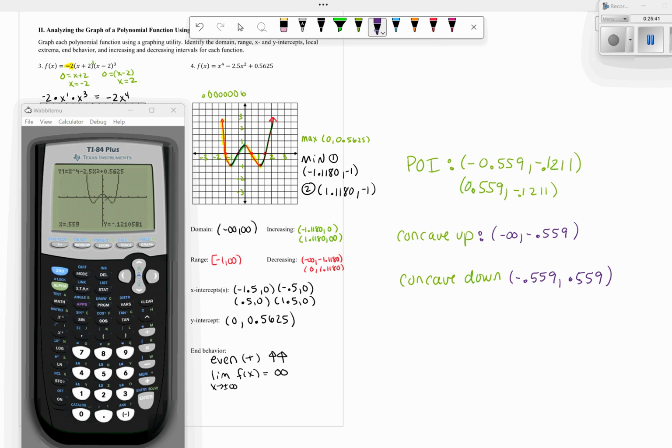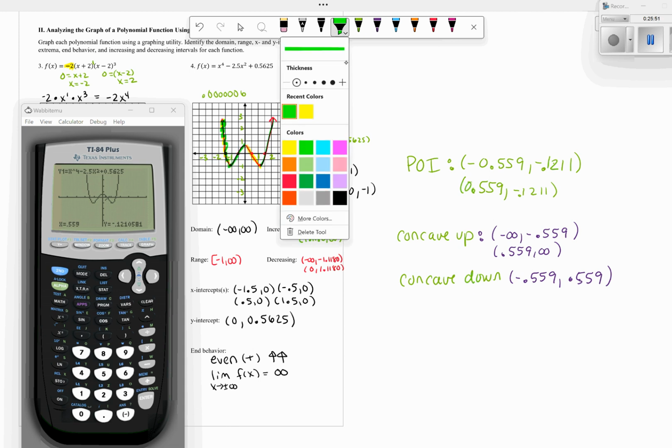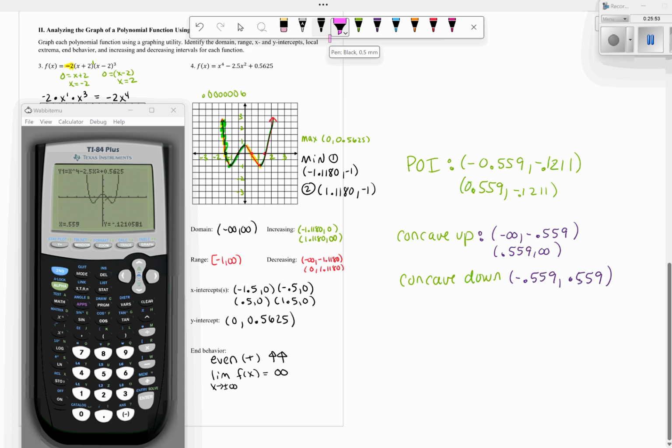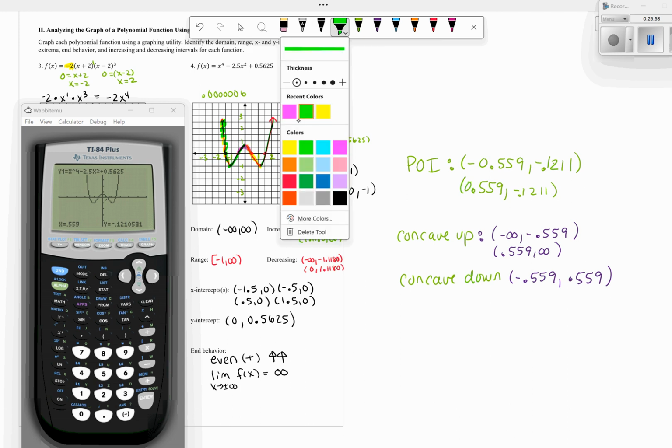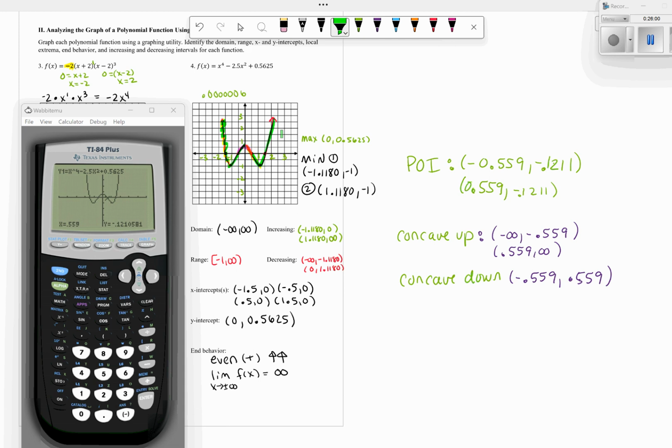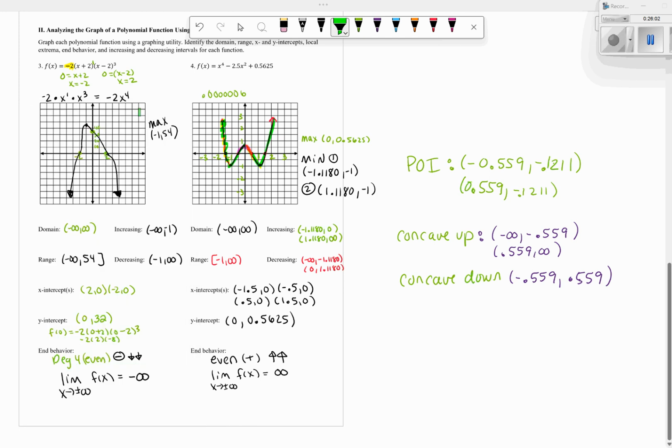And then from 0.559 to infinity, we'd be concave up again. So this right here is concave up, this part right here is concave down, and this portion right here is concave up. And that would be it for analyzing our graph.